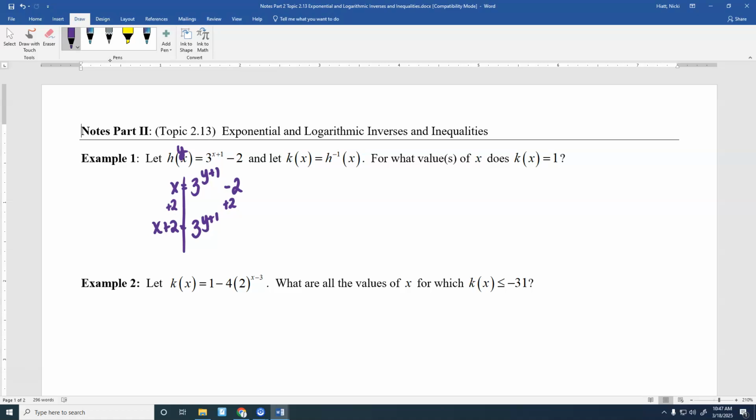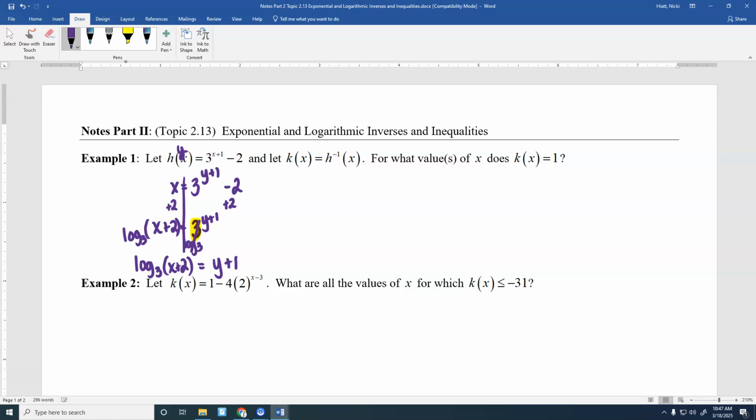So to get rid of a base of an exponent, we're going to use log base 3, and it'll get rid of it. So we would also be doing log base 3 of the left side as well. So now we've got log base 3 of x plus 2 equals, we just got y plus 1 over here.